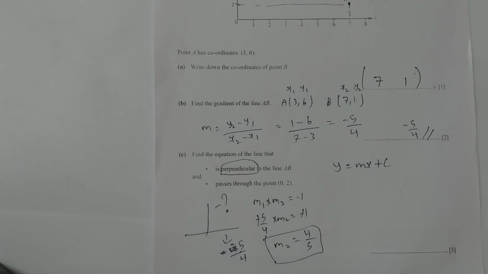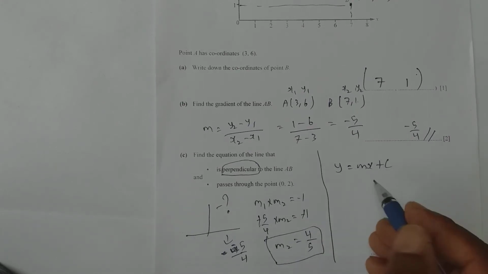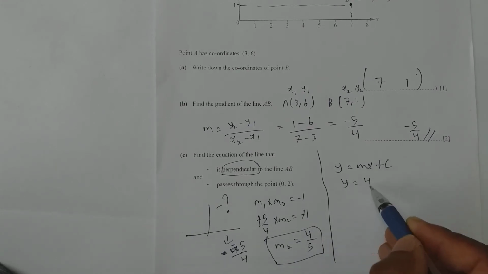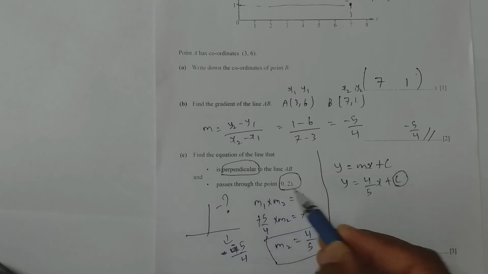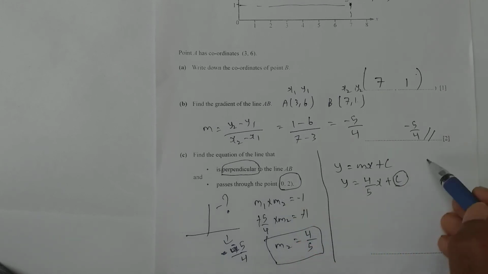Okay. Now place it in the line equation. So y equals 4 by 5 x plus c. Now to find out c, this line is passing through 0, 2. Or you can directly tell, 0, 2 means the line is meeting the y-axis at 2.